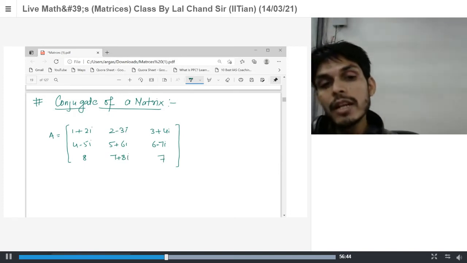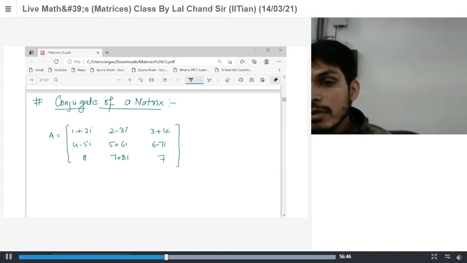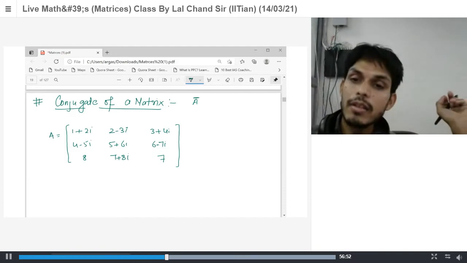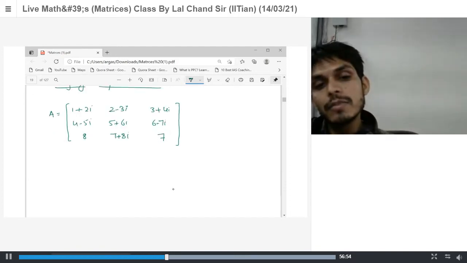The conjugate is written with a bar symbol over A. So we are going to take the conjugate of each element.